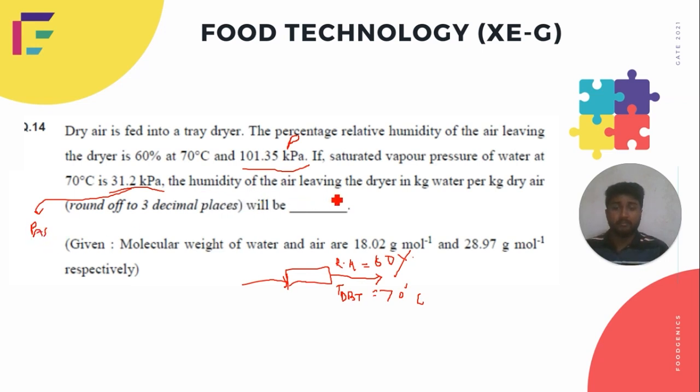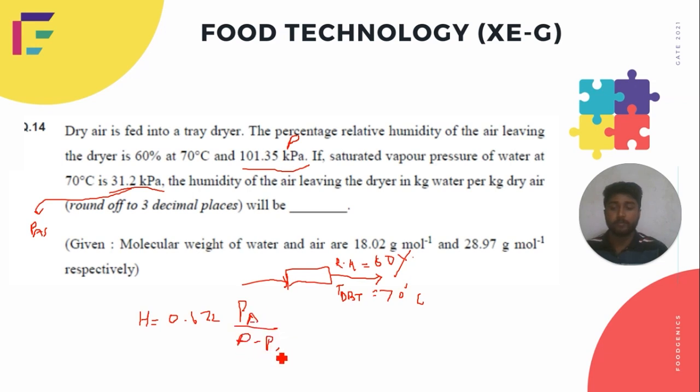Now the humidity of the air leaving the dryer in kg water per kg dry air. So in the question we have been asked to calculate the humidity. We know the formula for humidity is 0.622 Pa by P minus Pa.